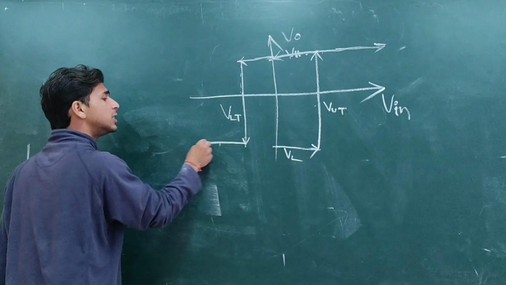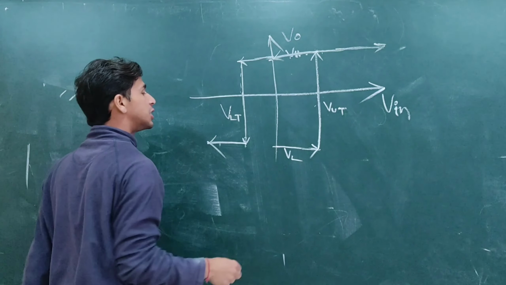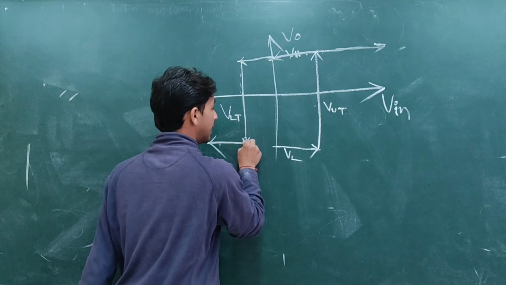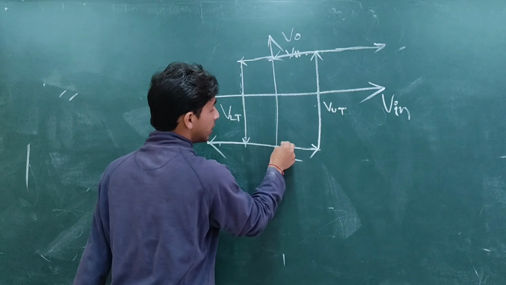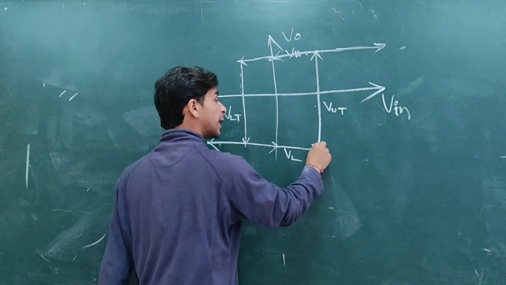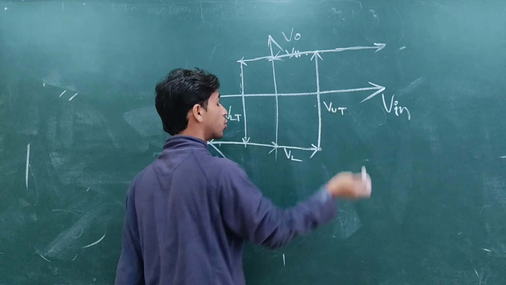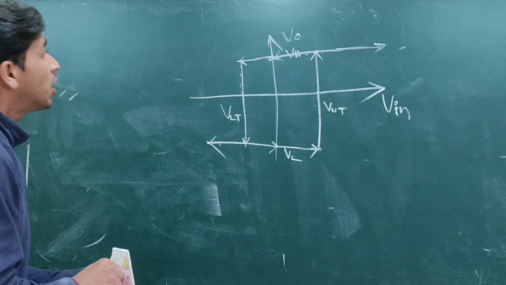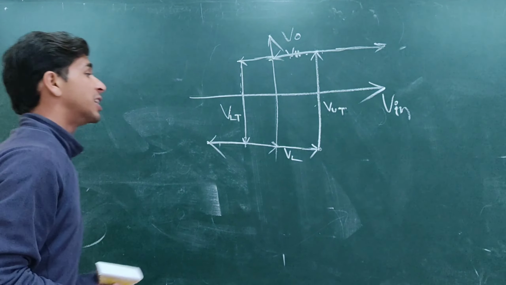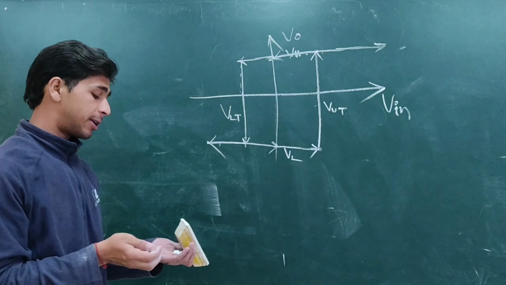Below this input voltage, if you still decrease the input voltage, the output will remain low. And it will remain low if you increase the voltage, until you reach the upper threshold voltage. So this is the characteristic of the hysteresis loop for a non-inverting Schmitt trigger circuit.